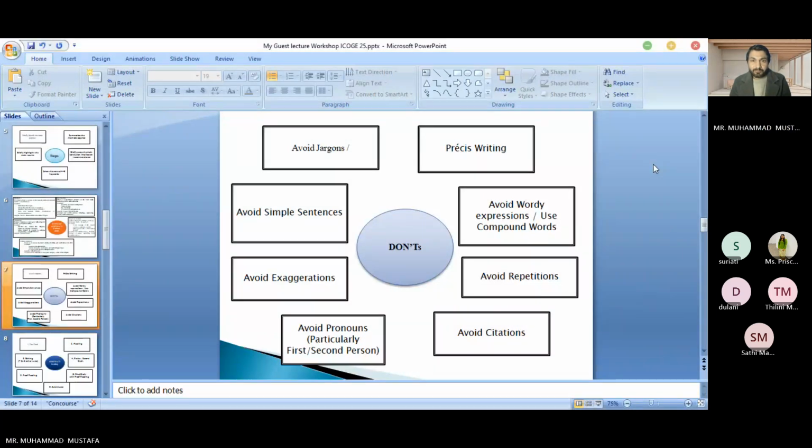And avoid simple sentences. Simple sentences kill our time and our space. So instead of using simple sentences, we have other options like compound sentences, complex sentences, and compound-complex sentences.